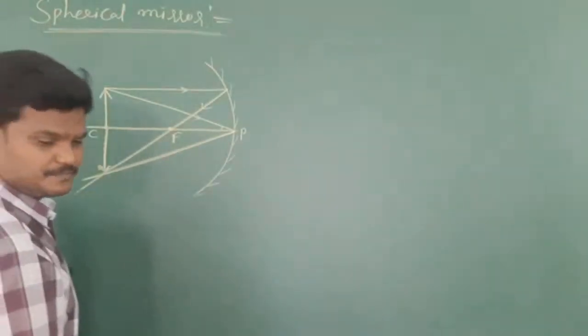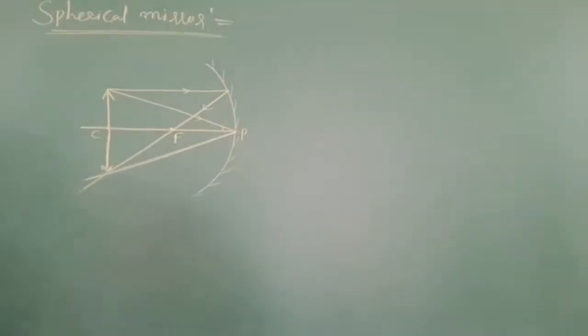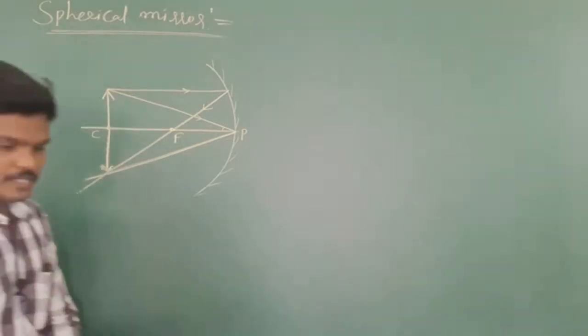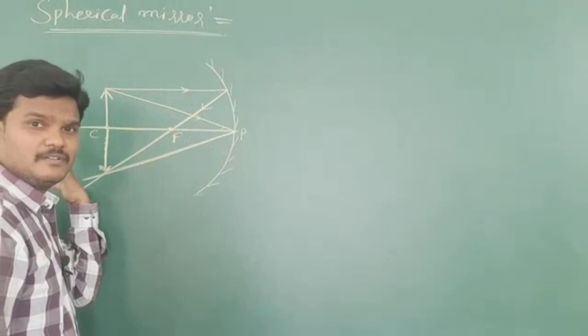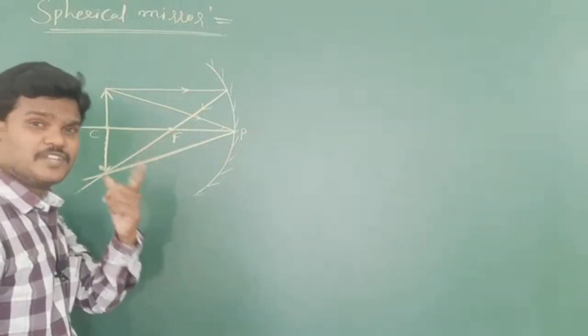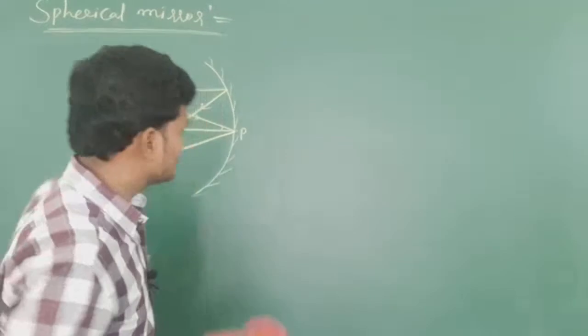Now let me place. Is everything visible? Yeah, it's visible clearly, so no problem. Now let me draw one more. Very simple. If the object comes closer to the mirror, image size goes on increasing. If you move the candle towards the mirror, image will move away from the mirror, and the size of the image no doubt increases. Here also the same thing.